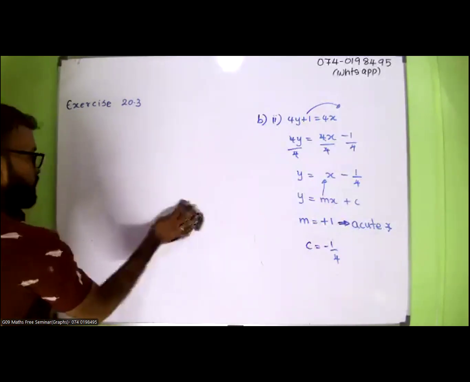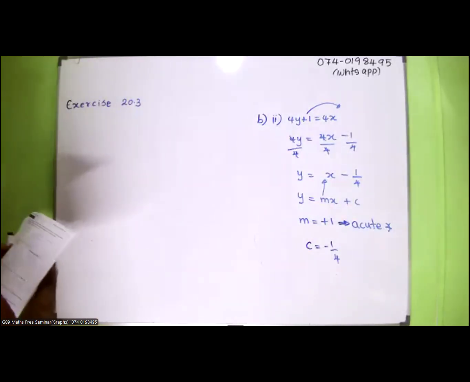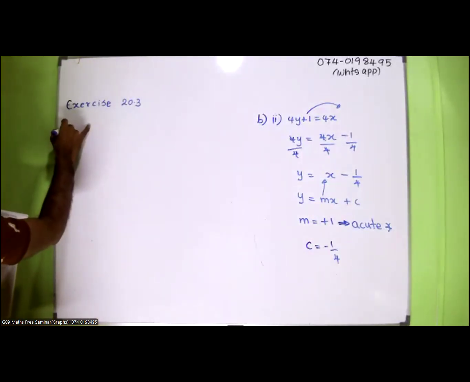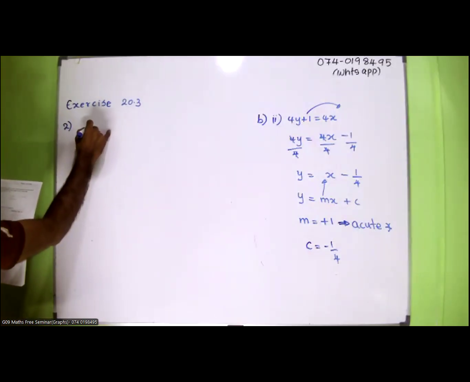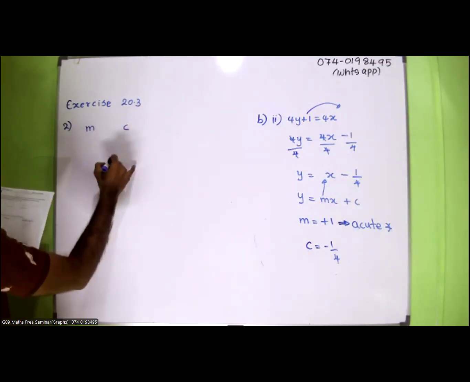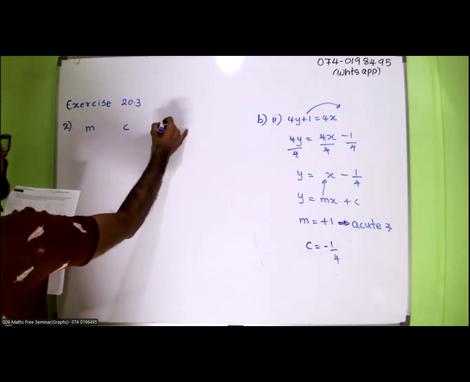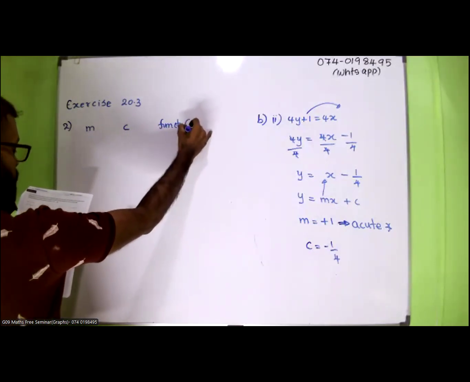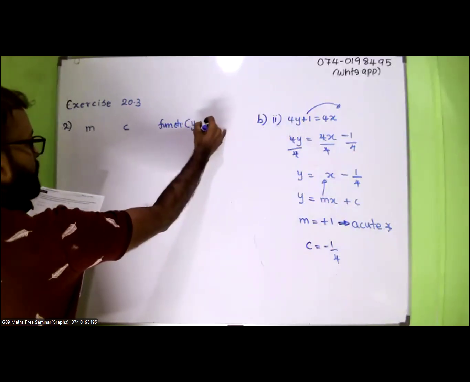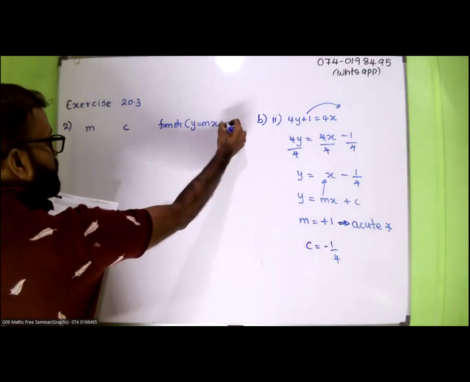So let's go for part 2. Here you are given the gradient and the intercept in these columns, and finally you have to write the function, y equals mx plus c. This is the easiest way.